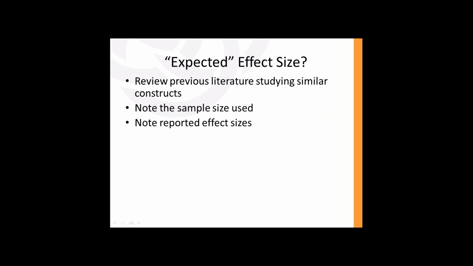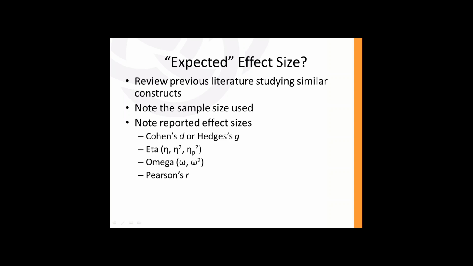And then you look at a couple of different things. You look at the sample sizes that they used, and then you look at the effect sizes that they report in this previous literature. There's a number of different things that can be reported. This is just a list of the most common ones. Cohen's d and Hedges' g are two versions of effect sizes where if you're comparing two groups, that's what would be reported.